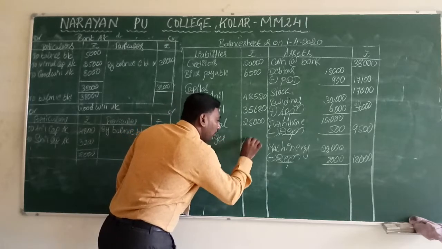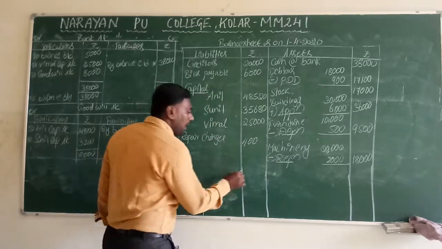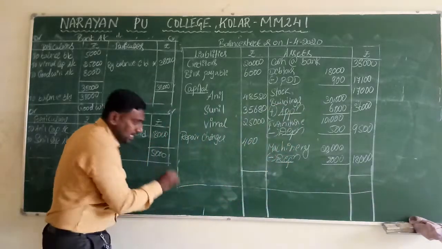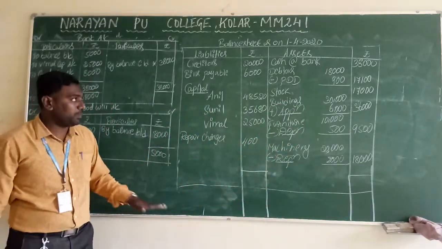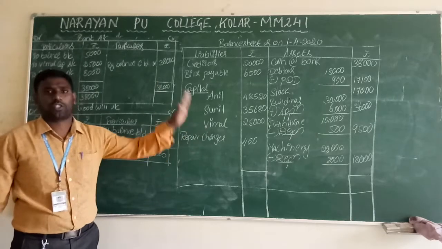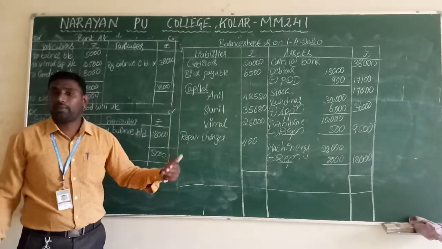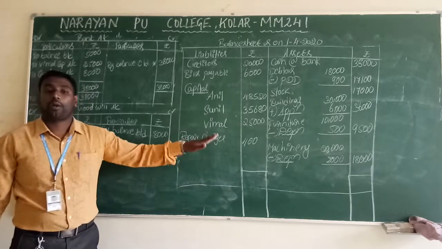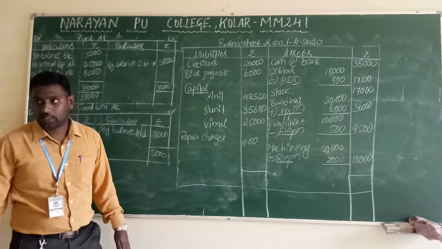Value is 400 rupees. Now we are going to total the balance sheet. If both sides are equal, it means we have treated all the transactions in the right manner. Otherwise, if we get an imbalance, it means we have treated some transaction wrongly.